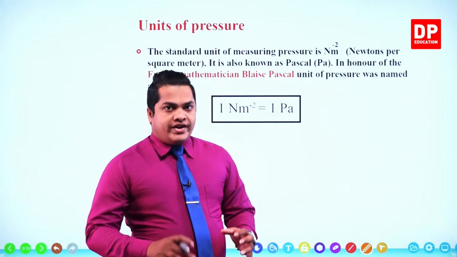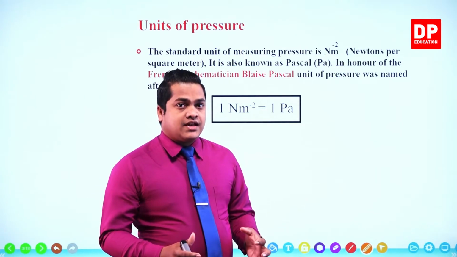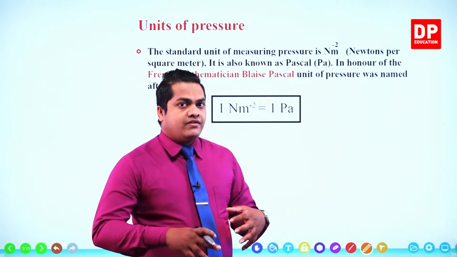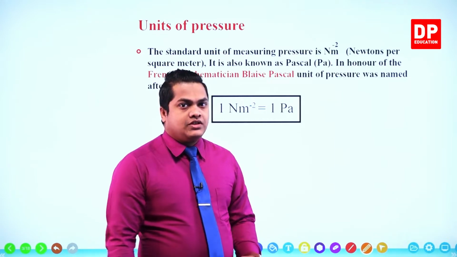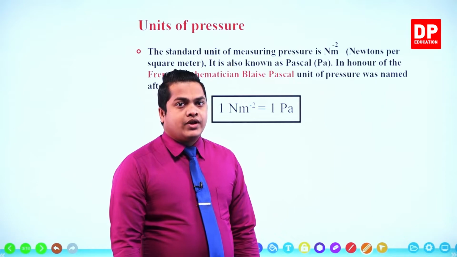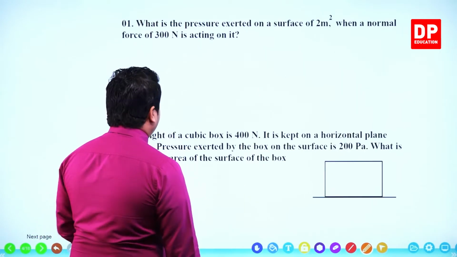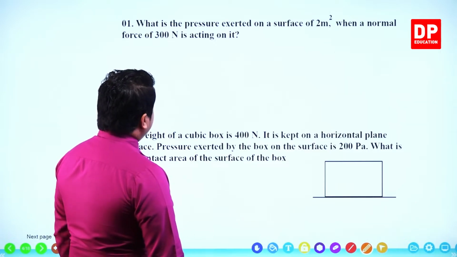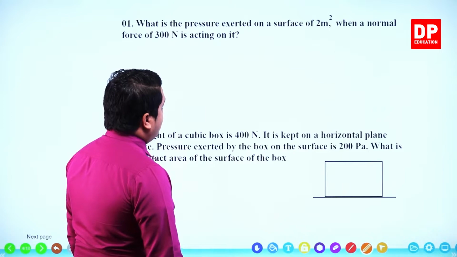So now let's move on to the next slide, and we'll observe how to simplify several questions by using the formula related to pressure and how to get the units of them. So what is the pressure exerted on a surface of 2 m squared?